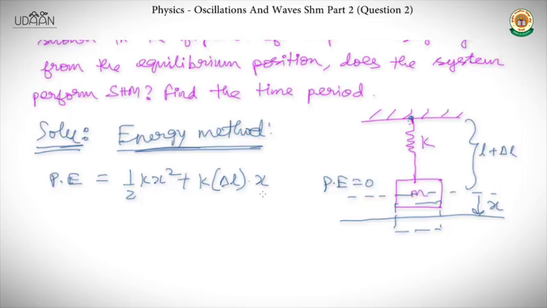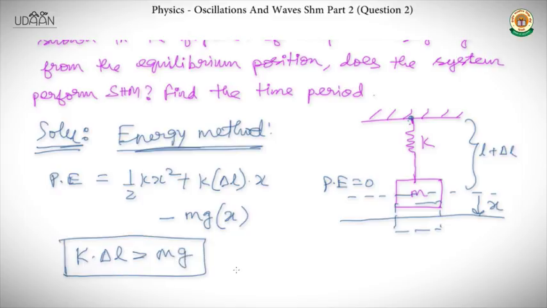So even that will be counted into the potential energy, which is k delta L into x, and then minus the gravitational potential energy, which is mg into x. From the equilibrium which we got from the force method, k times delta L is mg.